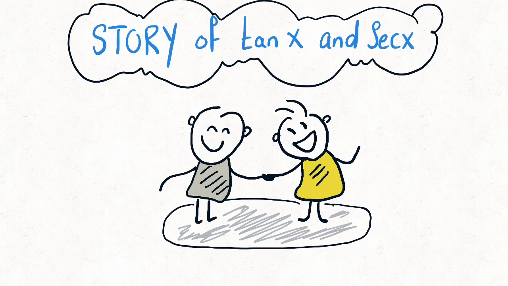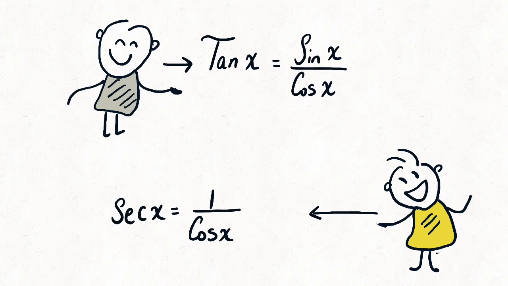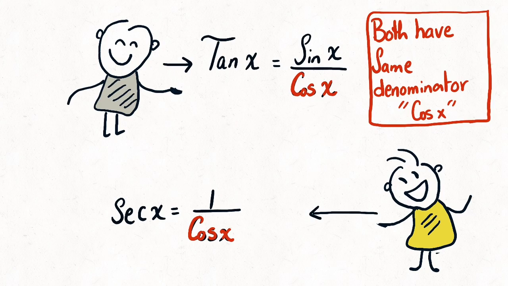Now, to memorize the derivative of secant and cosecant, we have to build up a fictional story. For example, tan x and secant x became friends because of the following discovery. Tan x is basically sine x divided by cosine, and secant is 1 divided by cosine. They discovered that they share the same lower part, which is cosine x.